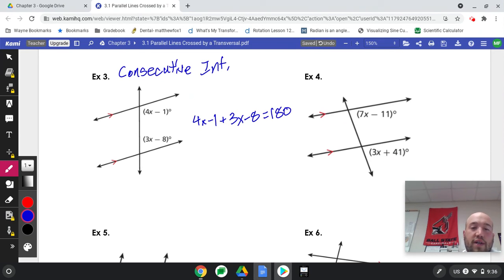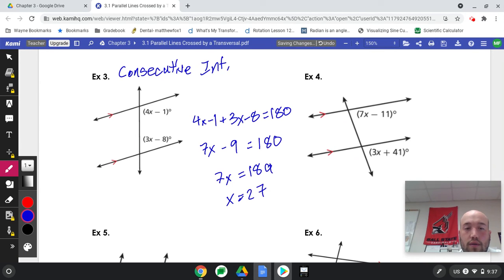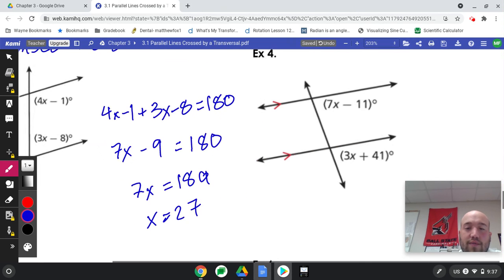So 4x minus 1 plus 3x minus 8 equals 180. Combine our like terms, we get 7x minus 9 equals 180. 7x will equal 189 because we add the 9 over. Divide by 7, x will equal 27. And we're done.